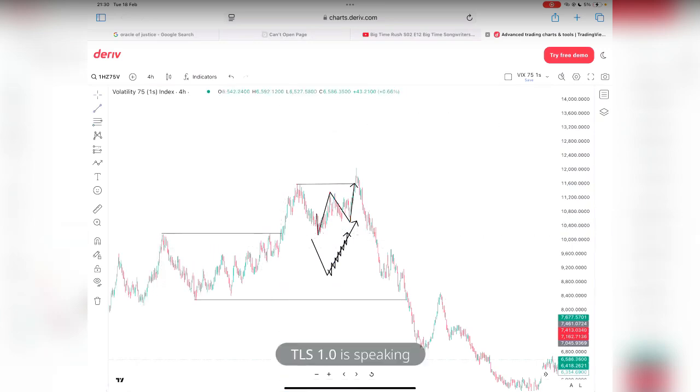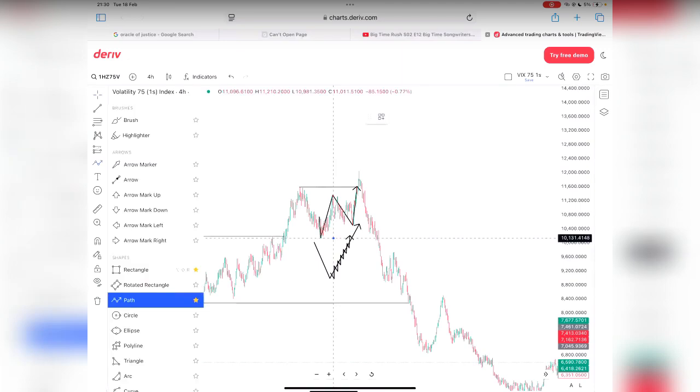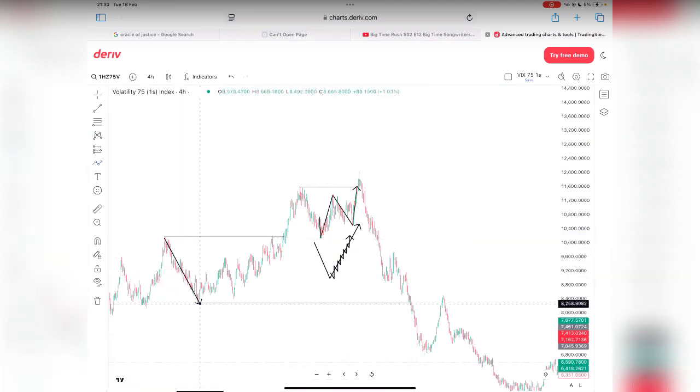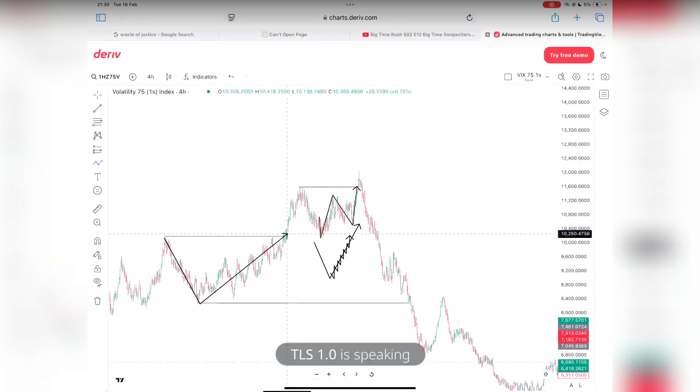Now, if price creates three or more internals inside of it, until a new external is created, every other internal that will be created till a new external is created, let's say all of these internals that were created here before this point was taken out, it stopped here.